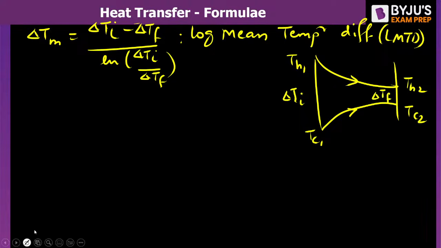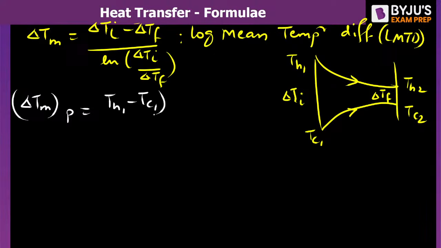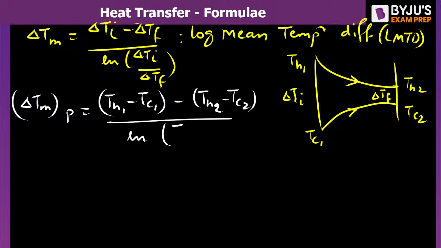So for parallel flow heat exchanger, delta Tm we can write, delta Ti is TH1 minus TC1, minus TH2 minus TC2, upon natural log of TH1 minus TC1 divided by TH2 minus TC2.